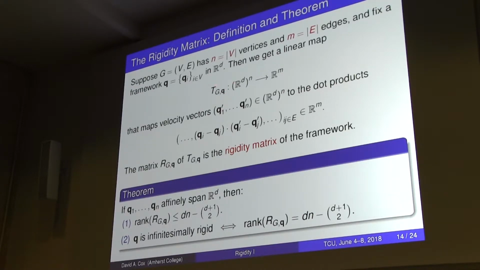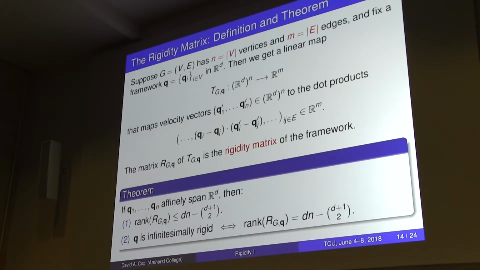This is fixed, and now I'm going to regard these as the input vectors, and this map right here is going to do our rigidity equations. It maps this bunch of vectors to this bunch of inner products, indexed by the edges, and the m there, remember, is the number of edges.